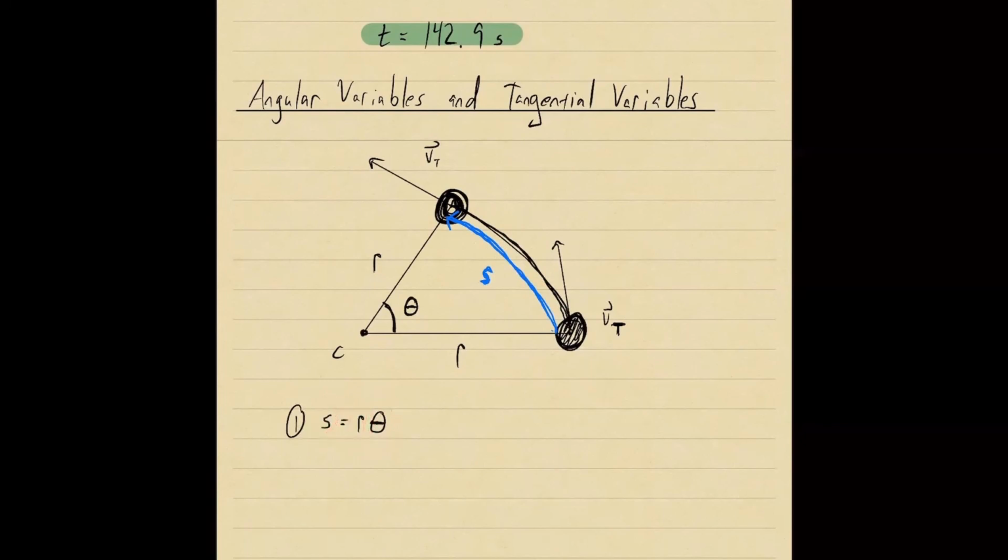Number 2, the tangential velocity. The magnitude of the tangential velocity, as we're going around in a circle, is equal to the radius of our circle multiplied by our angular velocity.